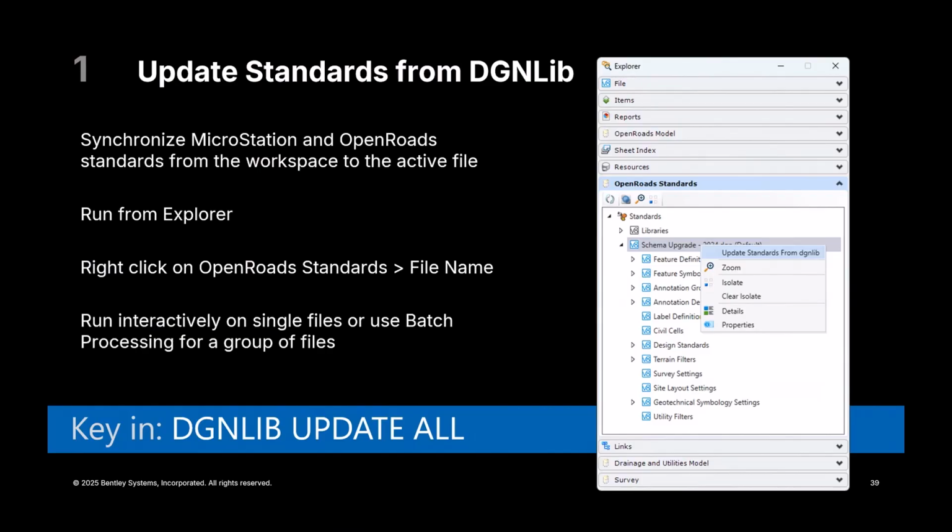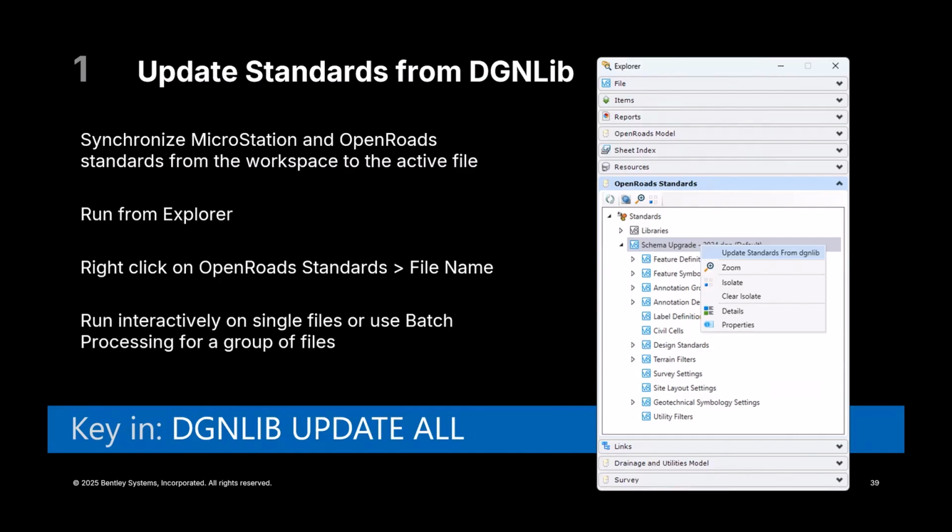What that's going to do is it's going to look through your local DGN, and it's going to look through your active workspace, whatever workspace you currently have opened up with this file. And if it finds like named definitions, it's going to bring the latest copy of it from the workspace and replace it in the local file.